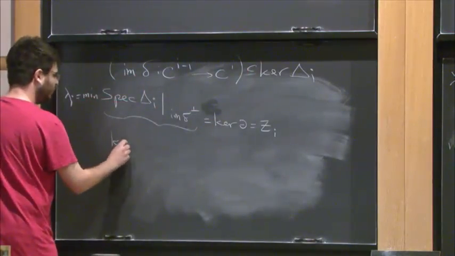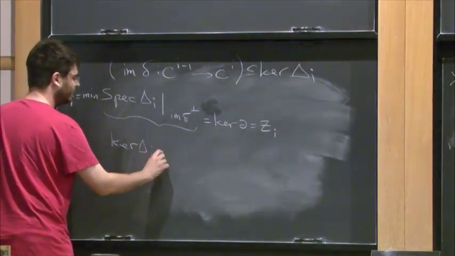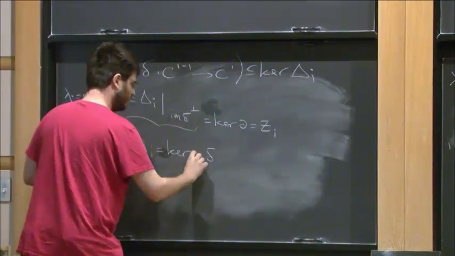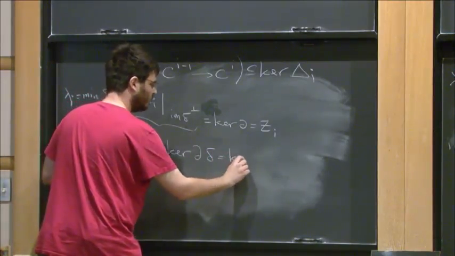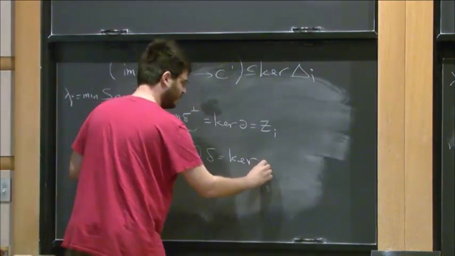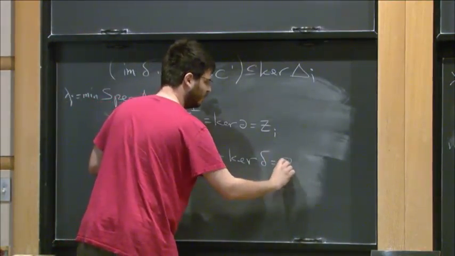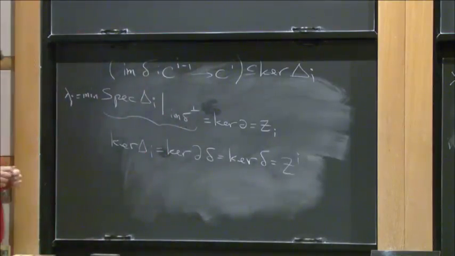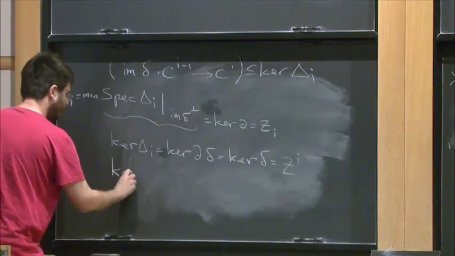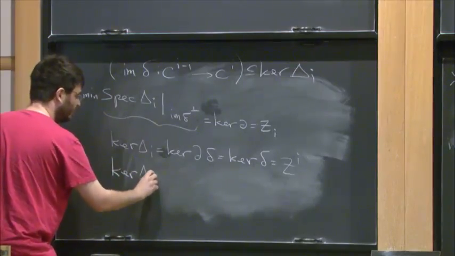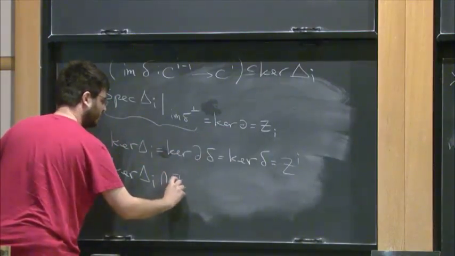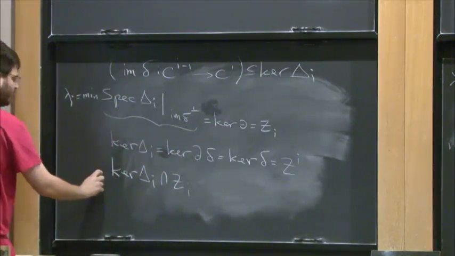So the kernel of the ith Laplacian is actually the kernel of D, because these are dual maps, which are the cocycles. So I have a non-trivial kernel. Non-trivial means that it intersects the cycles.